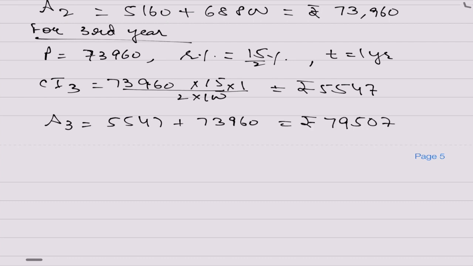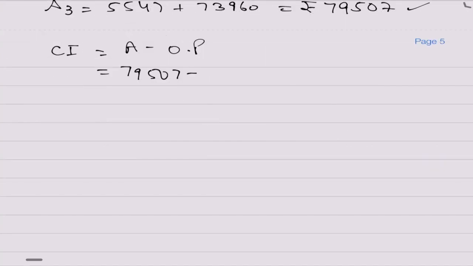So this is the amount of the third year, and now the compound interest for all 3 years will be amount minus original principal. So compound interest is amount minus original principal, which was 64,000. So that is rupees 15,507. So this is the final amount and compound interest.